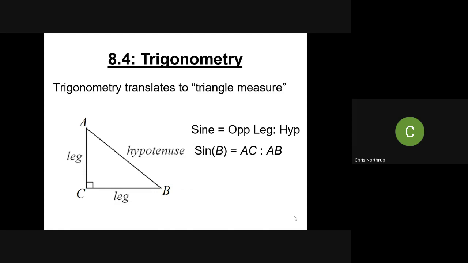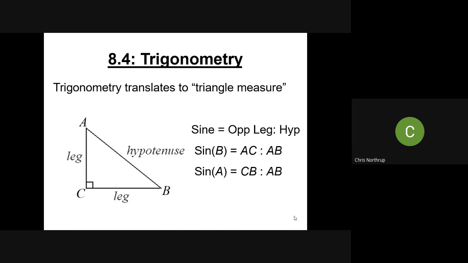Here, sine B means if you're standing at the vertex at B, then sine B is the ratio of AC to AB, because AC is your opposite leg and AB is your hypotenuse. If you switch your point of view and you're standing at A, then CB is your opposite leg, so your sine ratio from the point of view of angle A would be CB to AB.